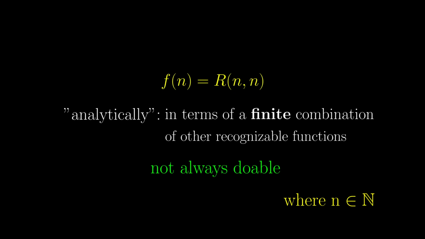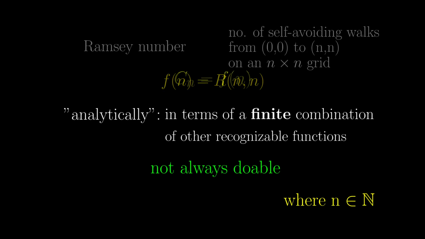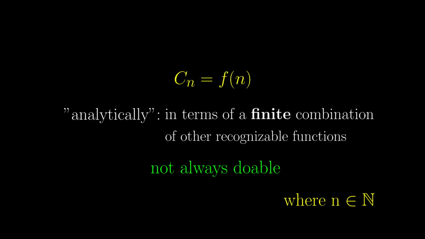In the world of combinatorics, this can mean at least two different things: Ramsey number, or the number of self-avoiding walks in an n times n grid. There are links in the description explaining what those terms mean if you are interested. Luckily, the problem is simple enough to have an analytic form, so we are going to derive that.